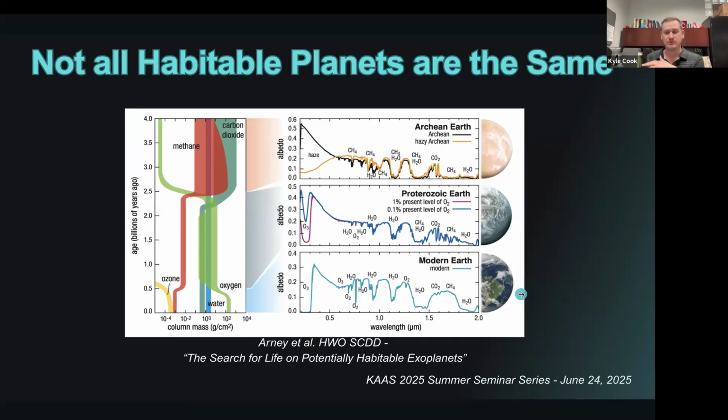So, yes, there may be very non-Earth-like planets, but I think it's important to say right out of the gate that Earth-like does not mean the same thing over time. Earth-like is very different at different stages in Earth's development, and all these stages include life. So, just a quick aside on that, that I wanted to point out.